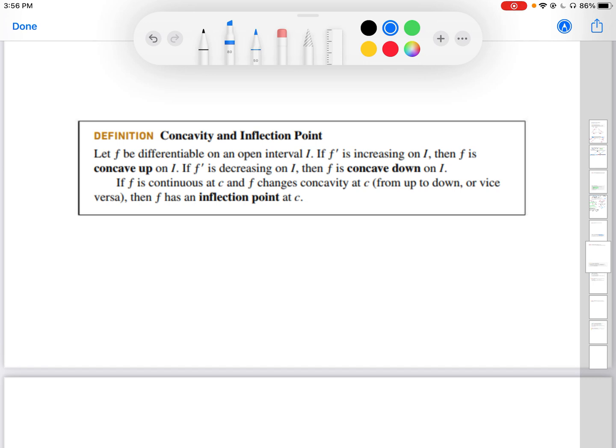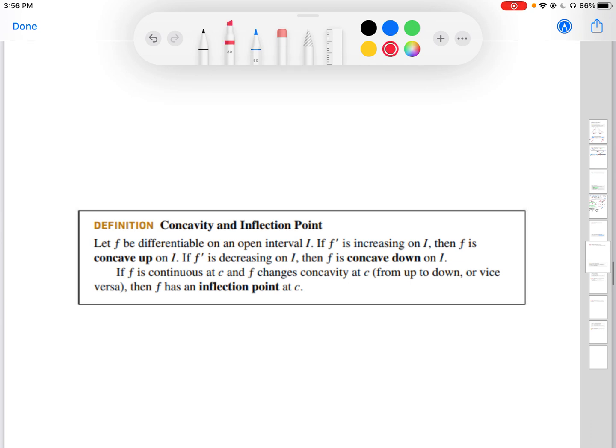All right, so let's talk a bit more about concavity. Concavity is different from increasing and decreasing. Increasing is when we go from left to right up. Decreasing is we go left to right down.